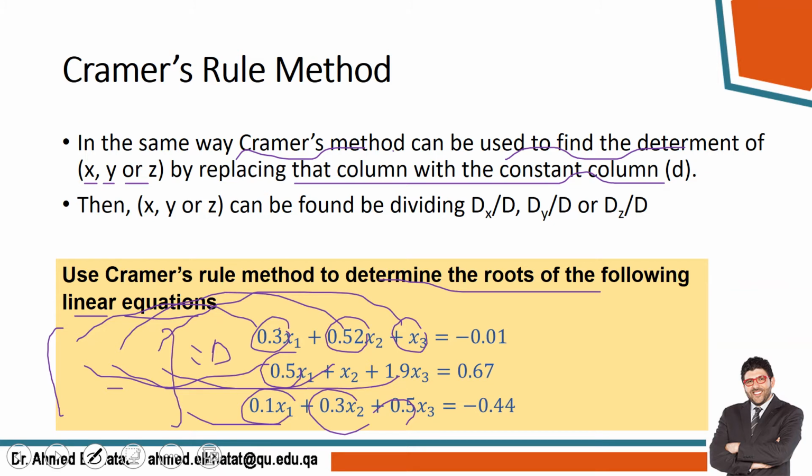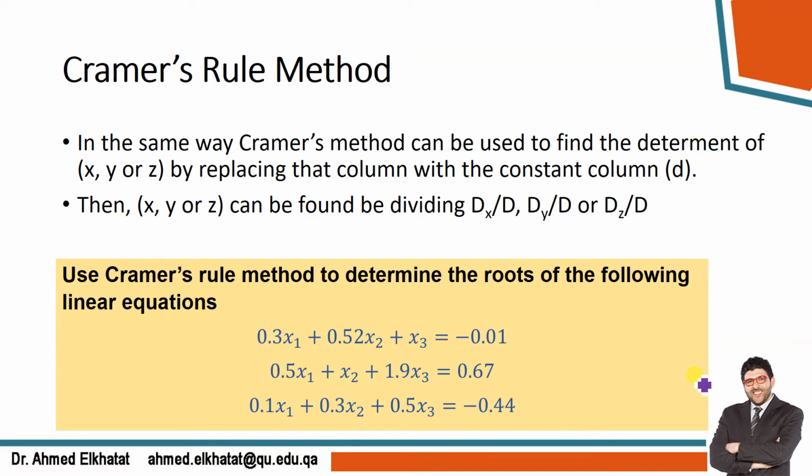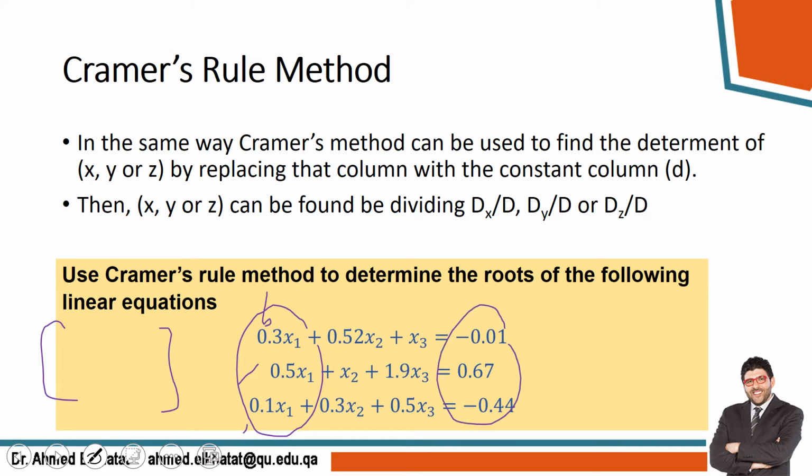Then after that, for the first column, to find the matrix of x1, we just create a similar matrix, but instead of putting this coefficient, we use this one instead, and it will be the same for x2 and x3.